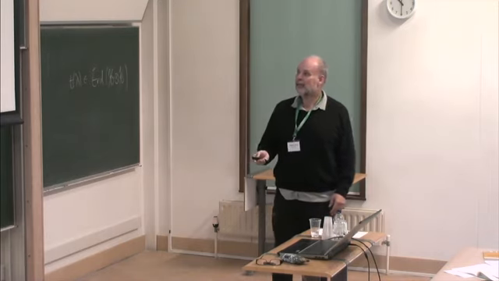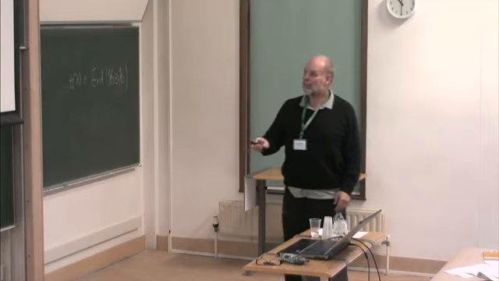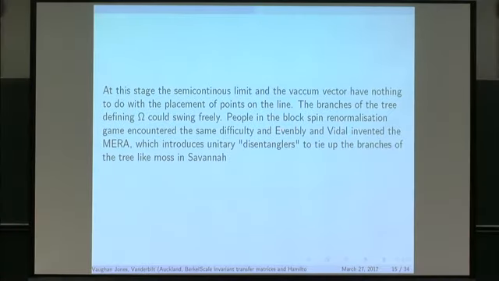But people in block spin renormalization got there before me, of course, with this tree. They encountered the same difficulty. And Evenbly and Vidal invented the so-called MERA, which is the multi-scale entanglement renormalization ansatz. They have some wonderful names. It introduces unitary disentanglers to tie up the branches of the tree. I was just in Savannah not so long ago, and it reminds me of all that moss on those beautiful parks, the trees in the park.